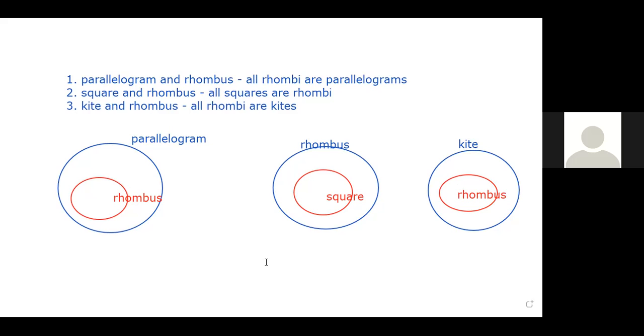Now, can you annotate and show how rectangle and rhombus are related? Can one of you do that? Draw a similar picture.